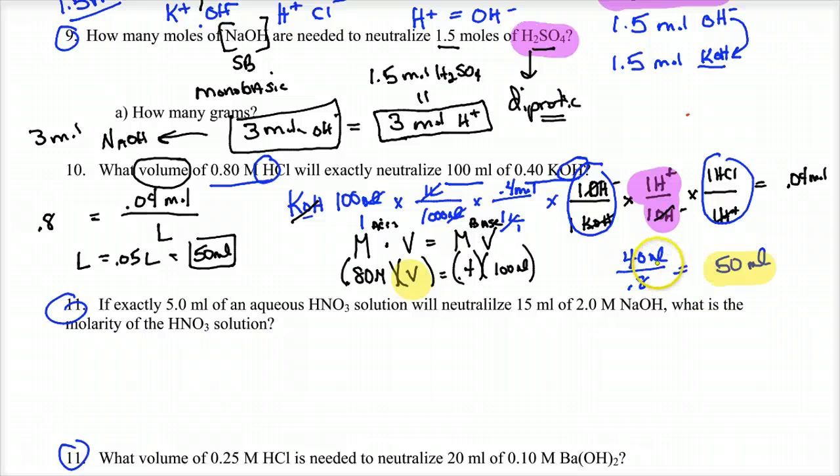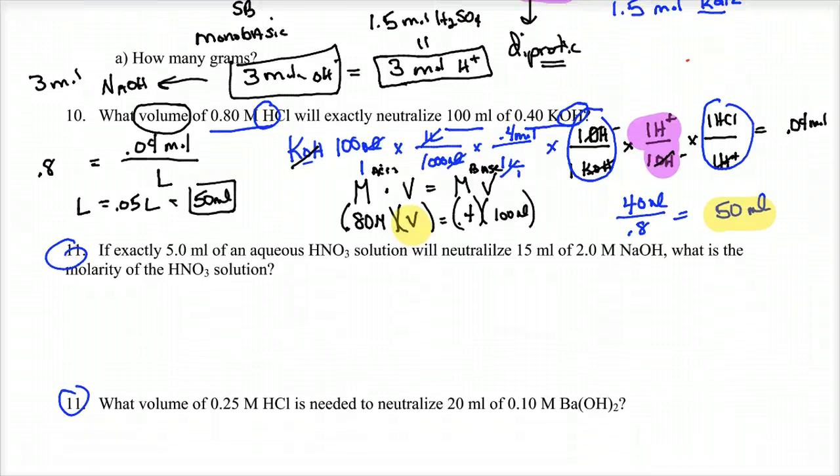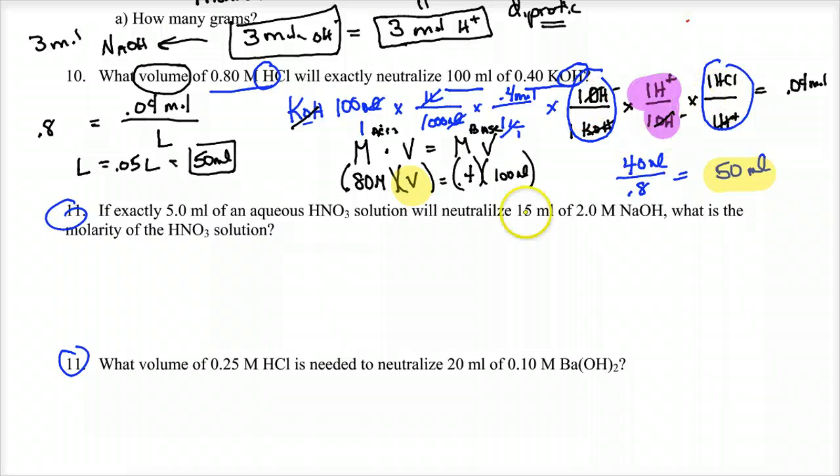So you could have circumvented this way or this way by just looking at the numbers in this case, but it's not always as simple. And if you don't do the stoichiometric method, the dimensional analysis method, you have to do it this way. Watch. So here's my MV of my acid. My acid is HNO3. I look at it, oh, monoprotic.